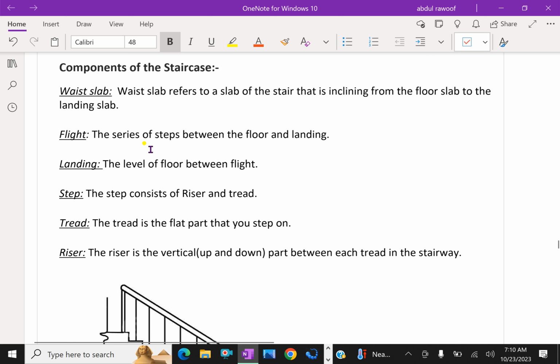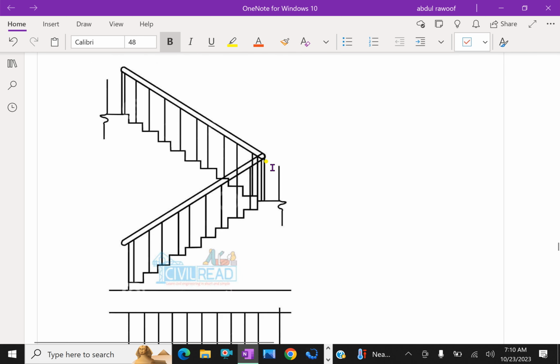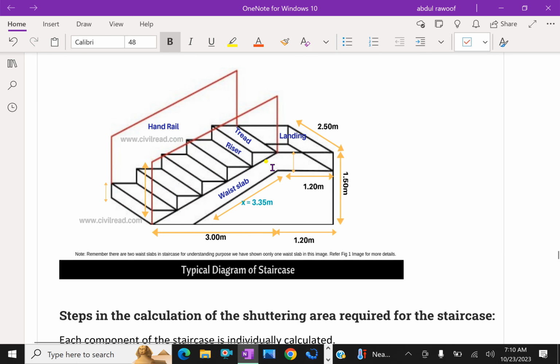The series of steps between the floor and landing is called a flight. Landing, the level of floor between flights. Here, this is a raised slab, this is a landing, and the steps may turn in another direction to go up.